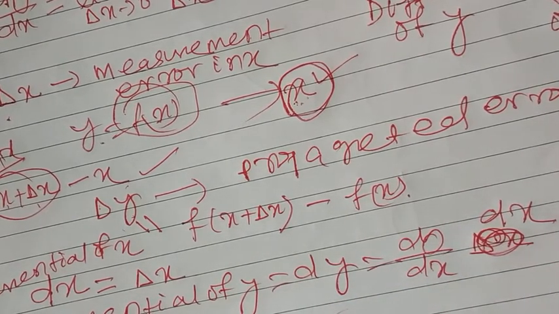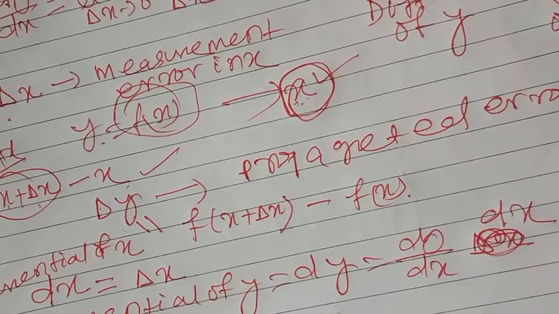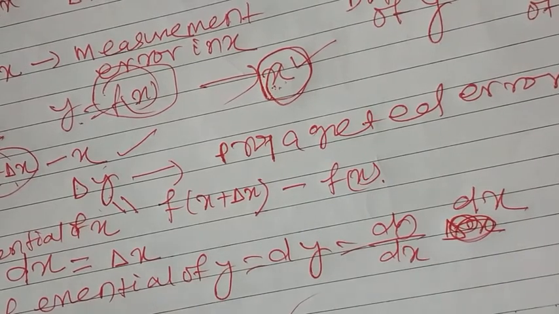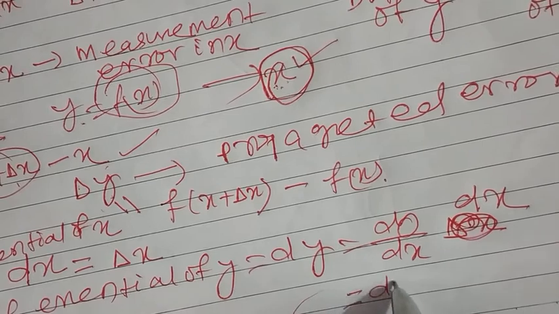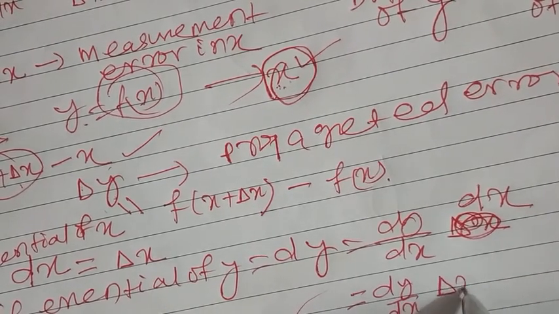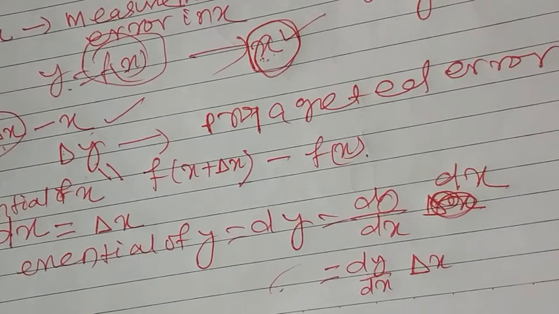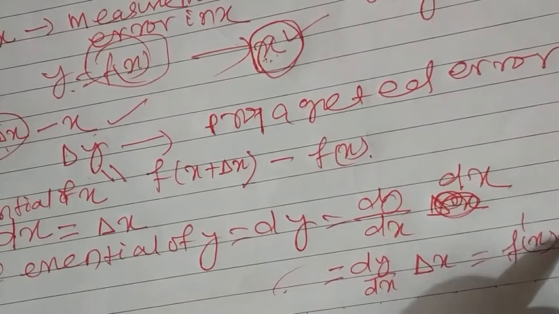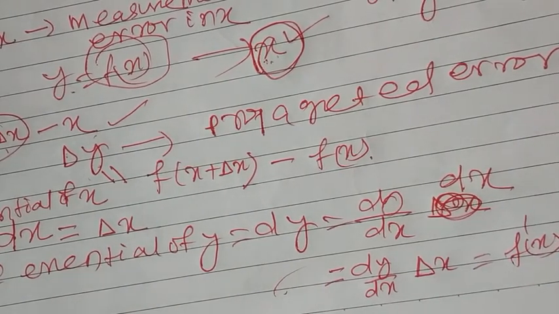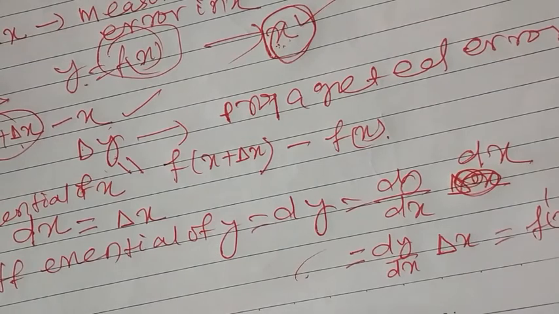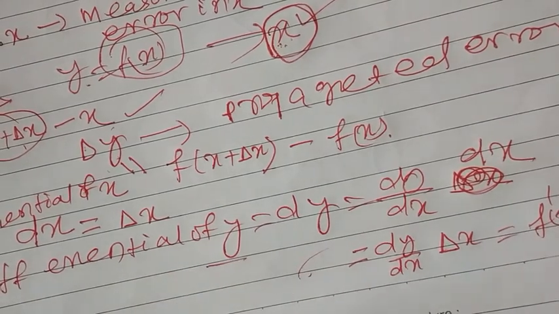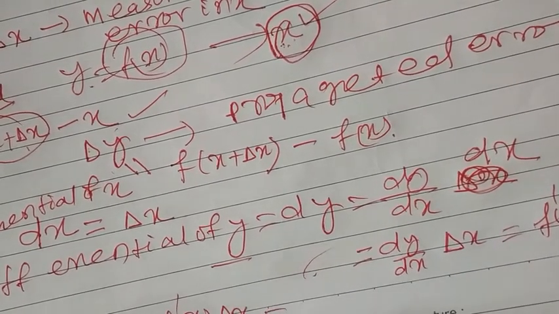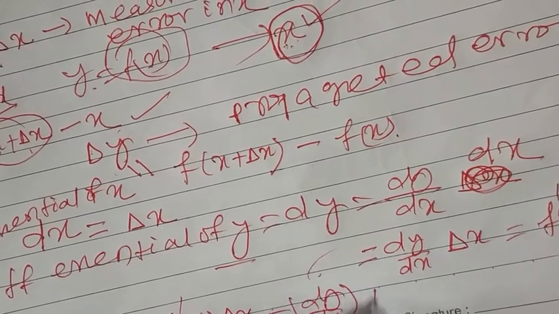Here I am treating dy by dx as a ratio. Now, this is the beauty of Leibniz notation. This is nothing but dy by dx into delta x, because dx is the same as delta x, the measurement error. So this is f dash x delta x. Getting the idea? So the differential of y, dy, is f dash x delta x, or dy by dx into delta x.